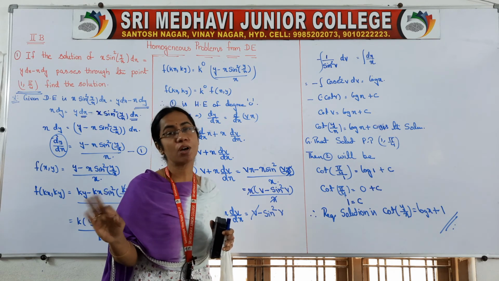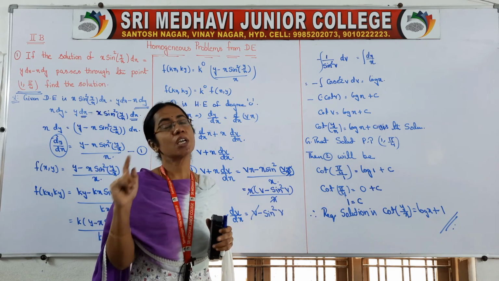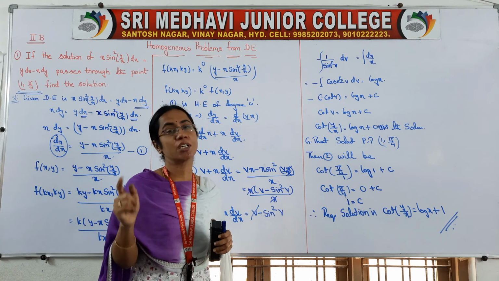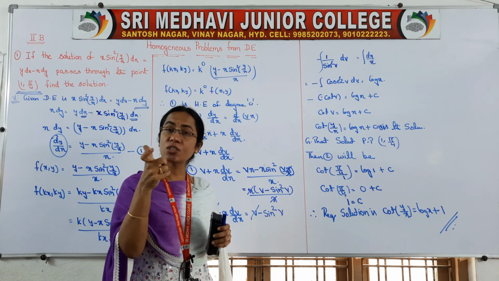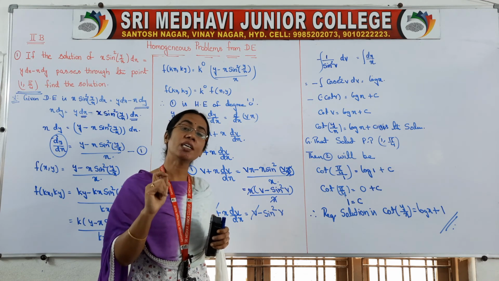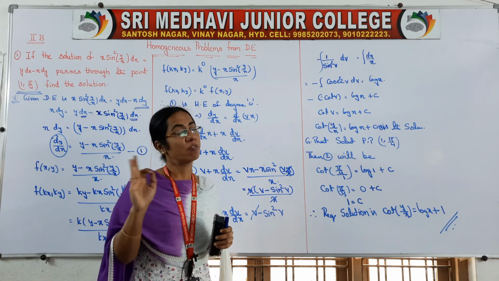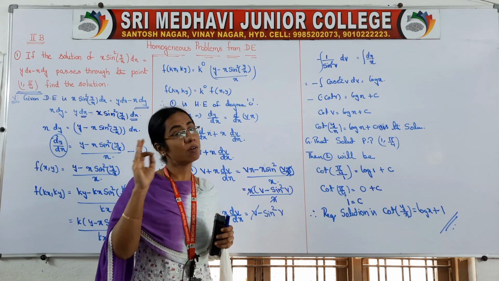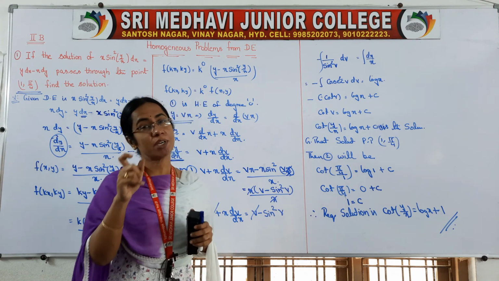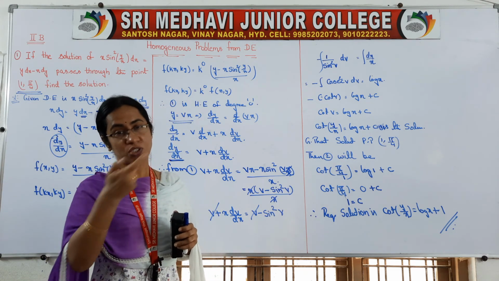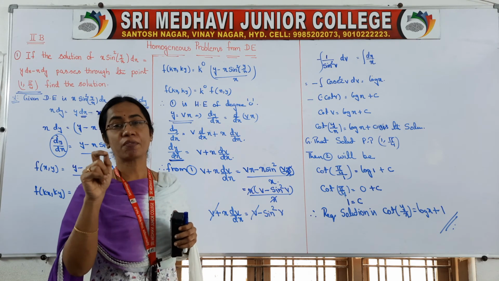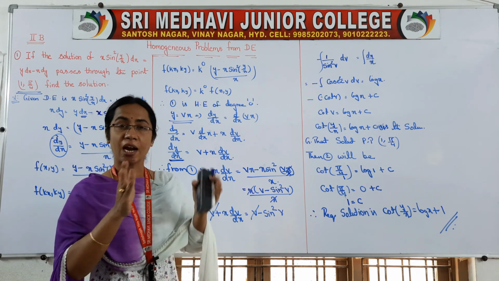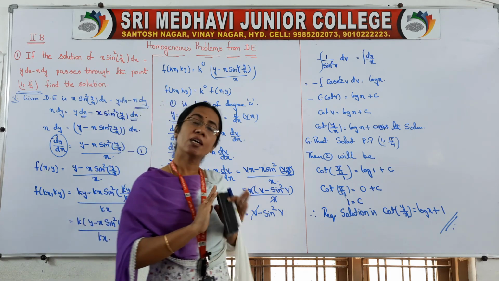Once it is confirmed to be a homogeneous equation, in the given equation we have to take y is equal to vx. With that y is equal to vx, we have to find dy by dx. Once we get dy by dx, in the original equation, in dy by dx's place we have to substitute the derived value, and wherever y is there we have to take vx and simplify all the terms.